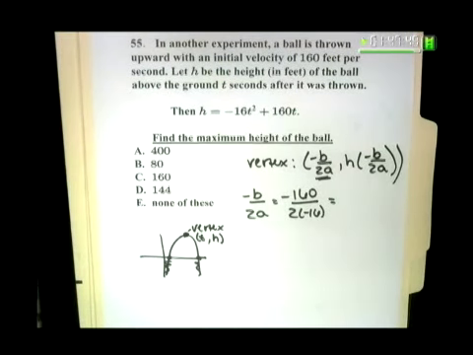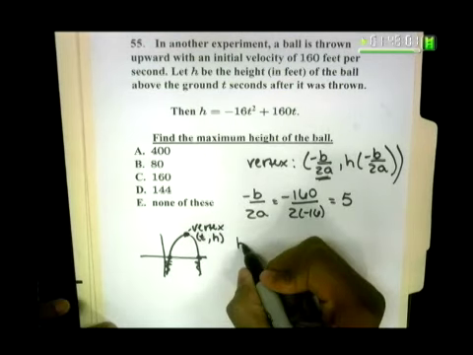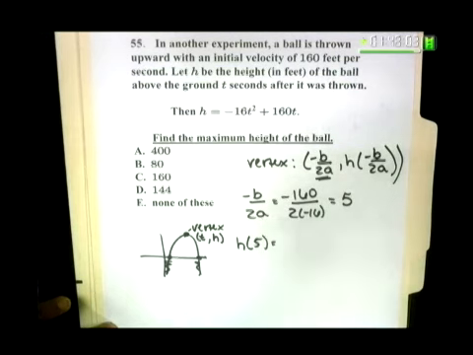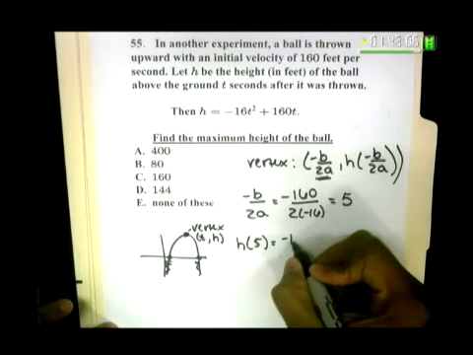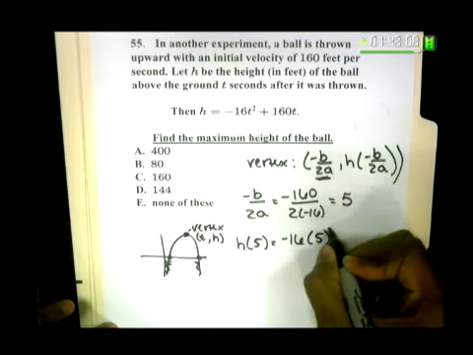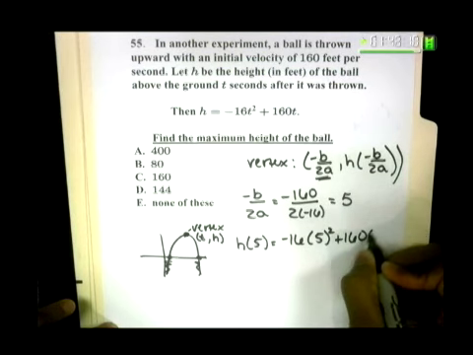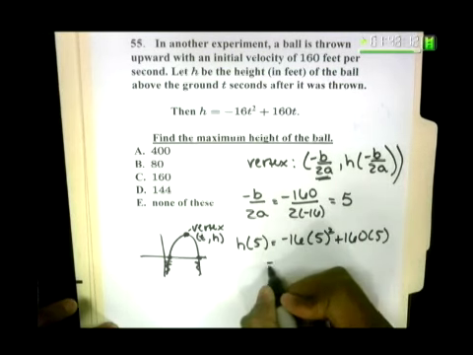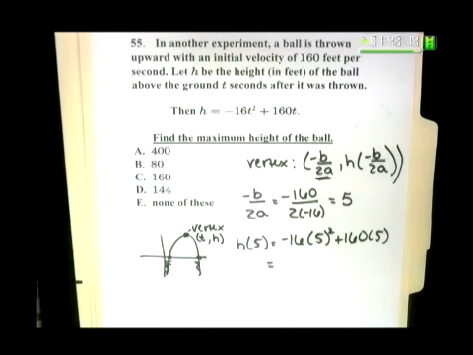And that comes out to be 5. So it reaches its maximum height after 5 seconds, but the maximum height would actually be the equation evaluated at 5. So negative 16 times 5 squared plus 160 times 5.